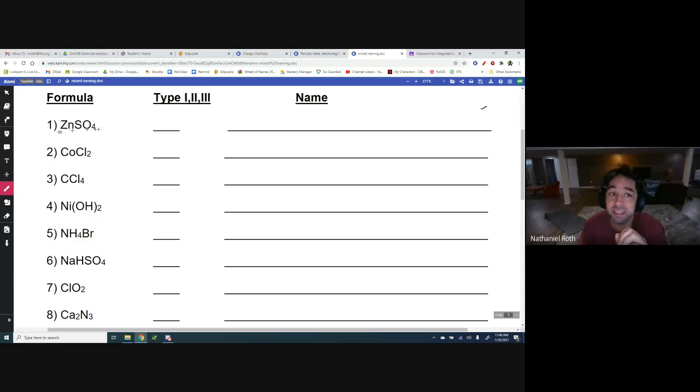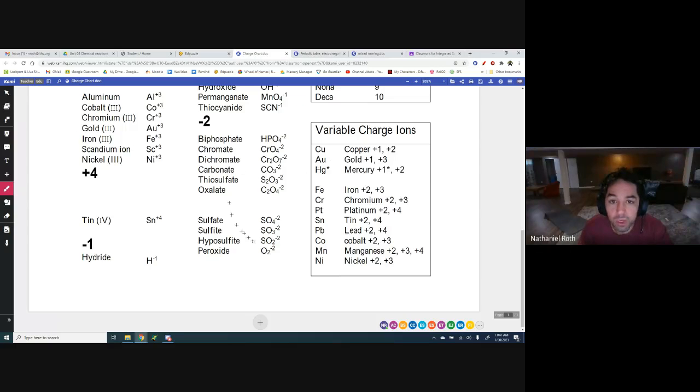Now, since this compound has 3 capital letters, that means there is a polyatomic ion in here somewhere. And the polyatomic ion is the SO4. So we look at the charge chart. We find SO4, which is right here.